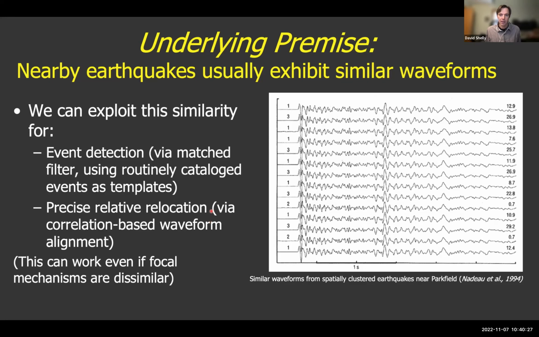Again, that's because most of this complexity is coming from the wave propagation rather than the source itself. And I'll use this toward the end to talk about some ways that we can actually get better constraints on the focal mechanisms and how they vary in some of these earthquake swarms.